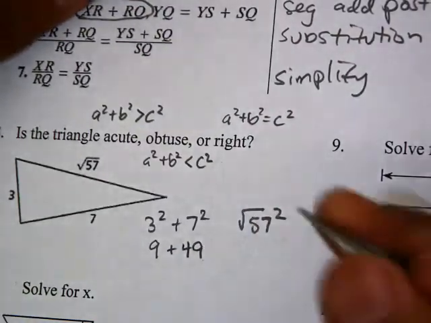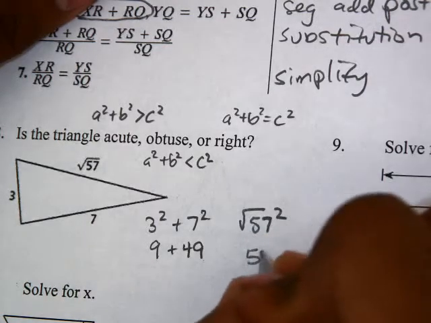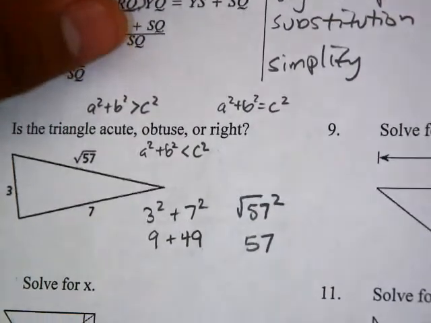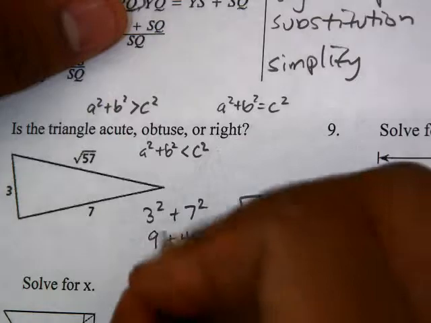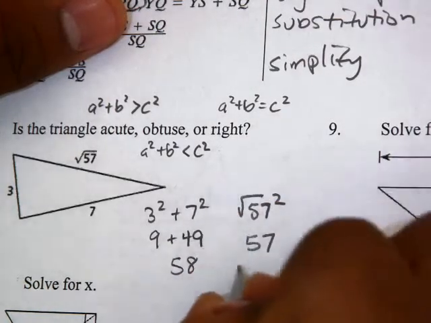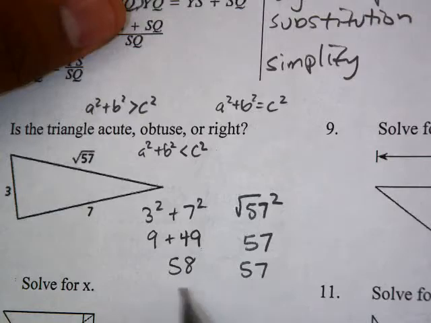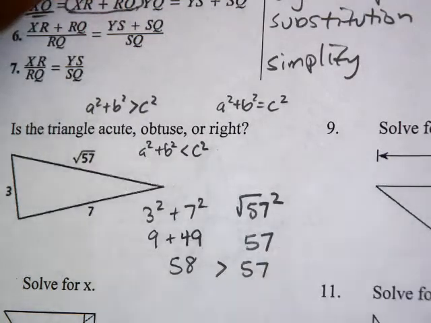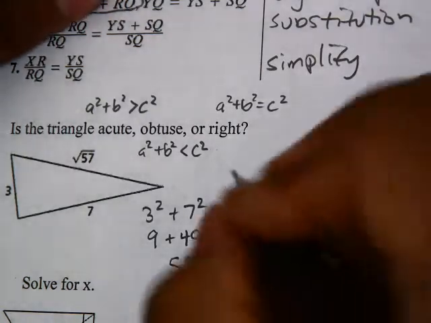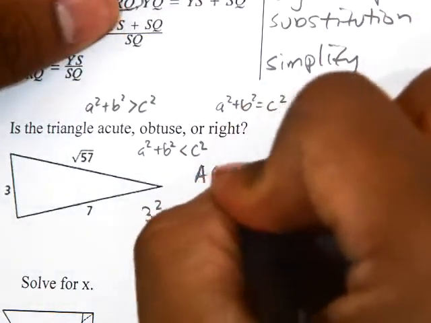The square root of 57 squared is just 57 back. The square and the square root cancel each other out. 9 and 49 is 58. So the c squared side is smaller. And if the c squared side is smaller, then this triangle is acute.